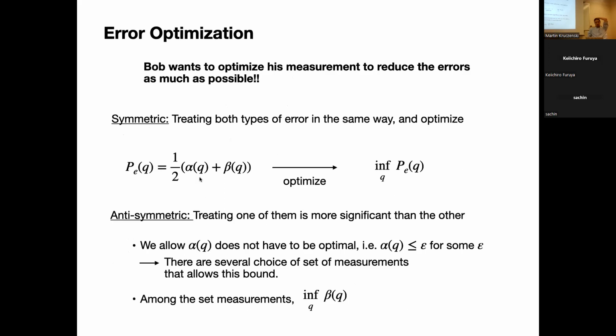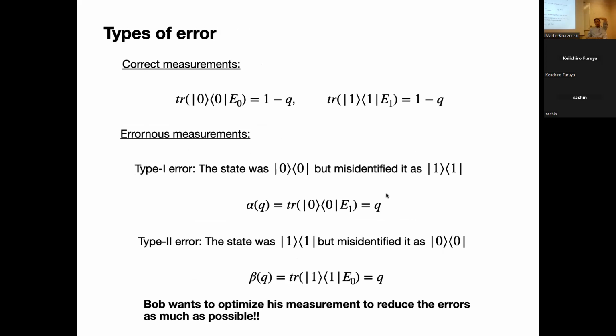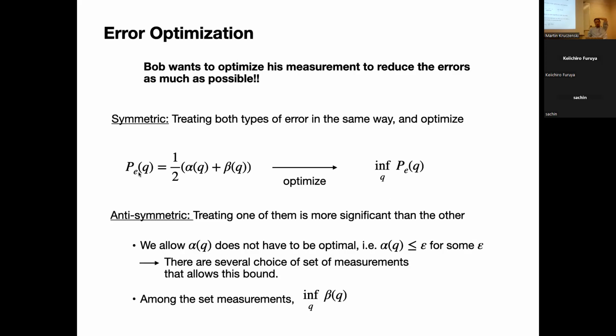So alpha and beta, these are the error probabilities. If you do symmetric optimization, you take the average and you optimize this average. This is one thing you can do. In our case, alpha and beta were q, so the average error was just q.